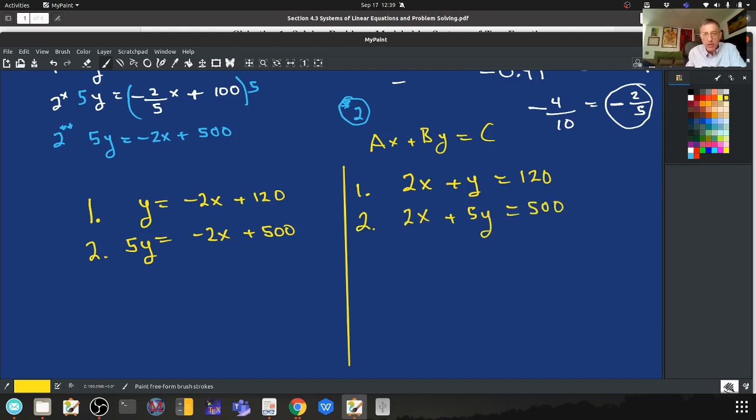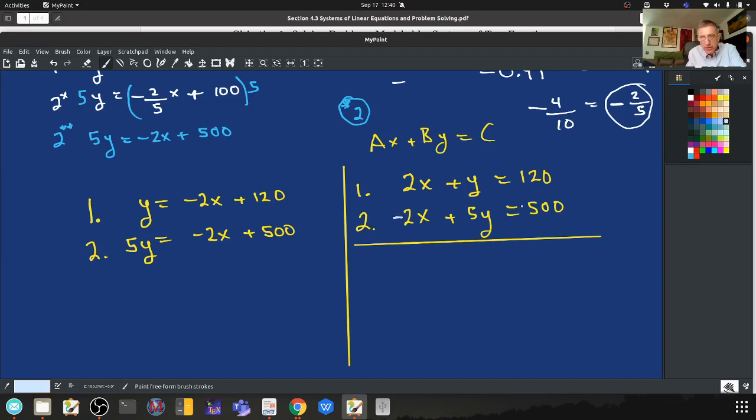So here's what I want to do. Notice our coefficients are the same. Since the coefficients of our x term are the same, I'm going to focus on vertical addition, and that's what I'm aiming for. To eliminate my x term, I'm going to multiply number 2 by minus 1, everything by minus 1.